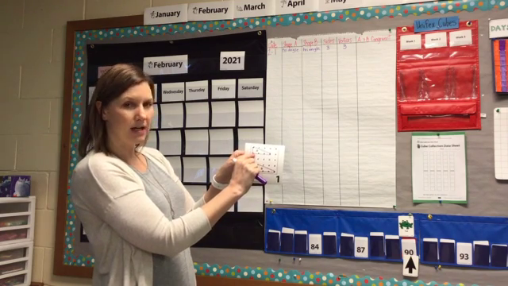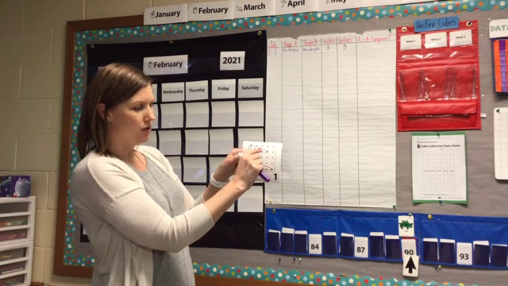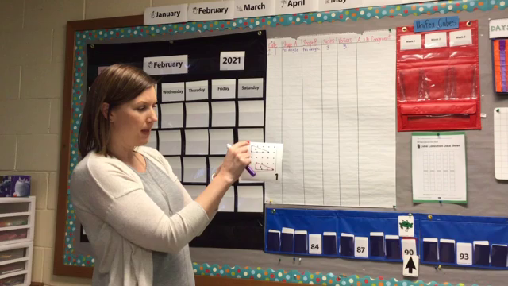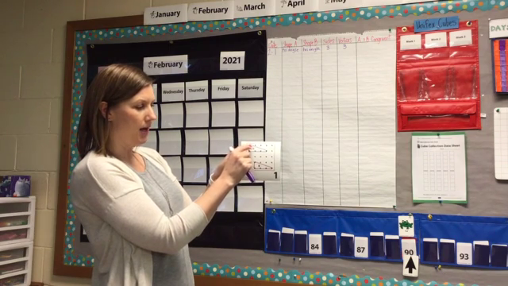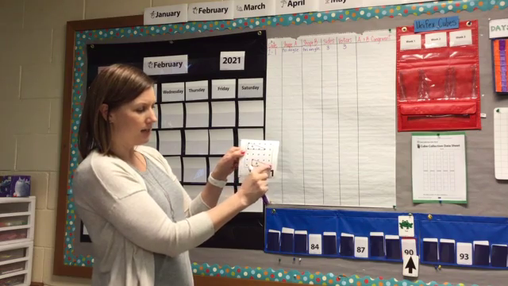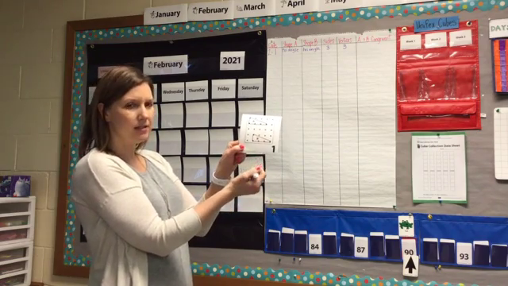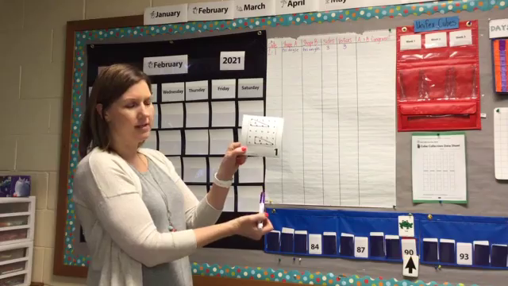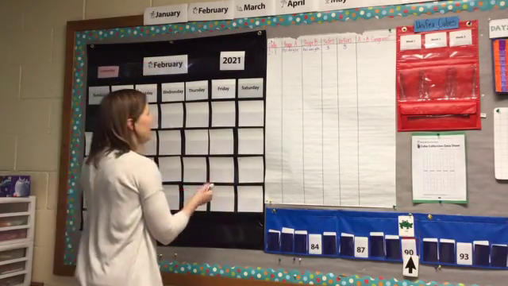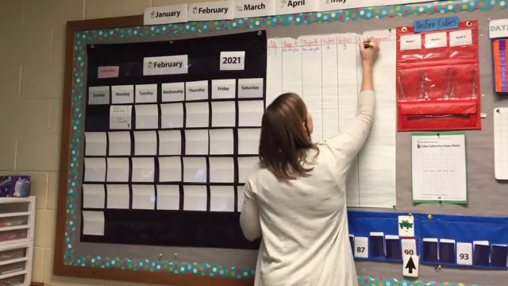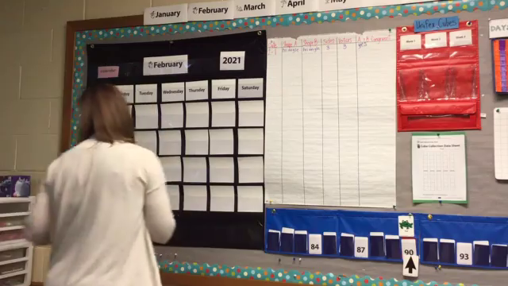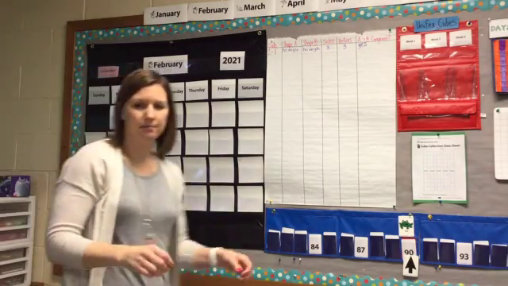Then if we count the dots on the bottom, there's 1, 2, 3, 4. 1, 2, 3, 4. And this top line is a diagonal. And this top line is a diagonal. It's easy to see that these 2 are the same shape and the same size. So we would say that yes, shape A and B are congruent. They are the same shape and the same size.